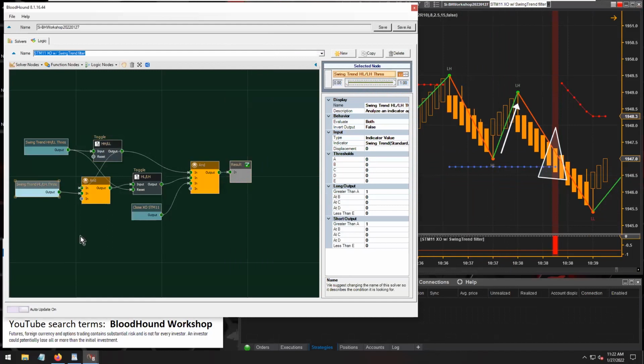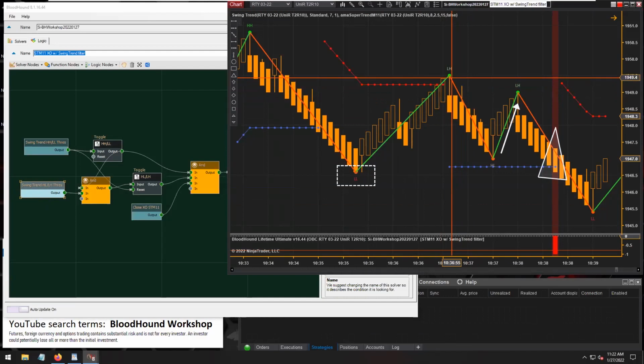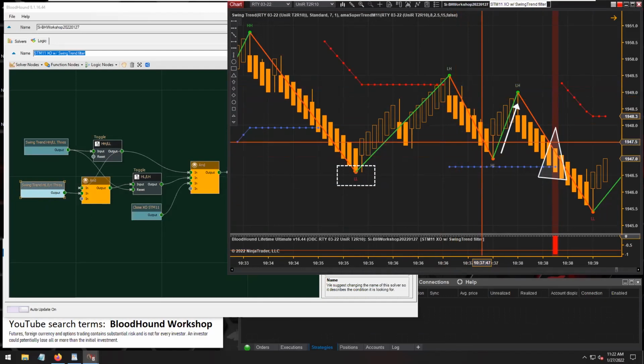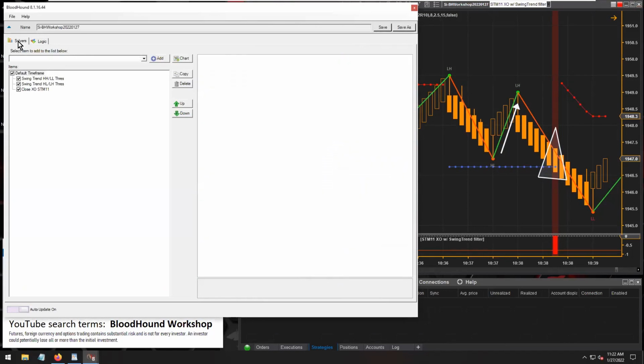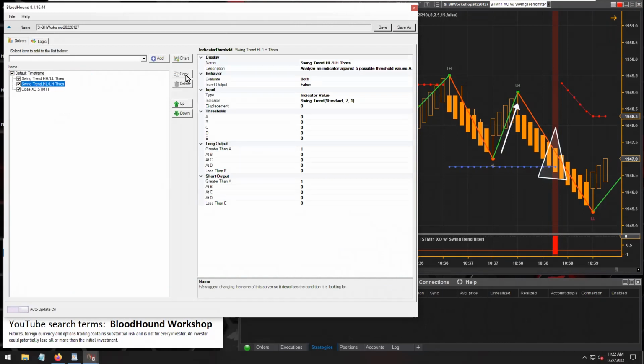So I think I'm going to need another solver that identifies the swing trends, the upswings and the downswings. So let's go back to our solvers tab, and I will make a copy of one of the previous swing trend threshold solvers.